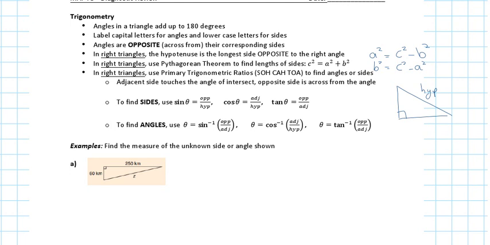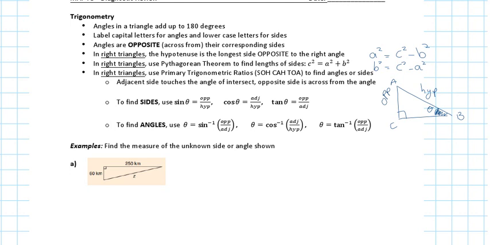So, if this is my angle of interest here, I'm going to name this triangle ABC. This is angle theta, my angle of interest. Where's my opposite? It's AC. And this is called the adjacent.